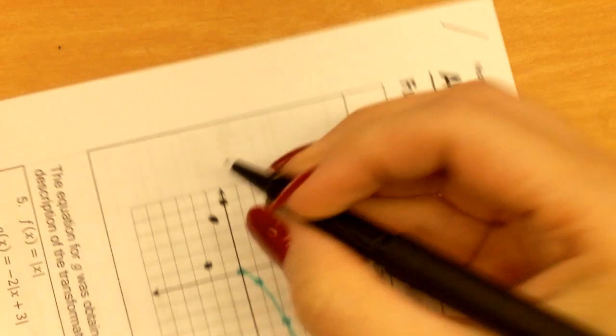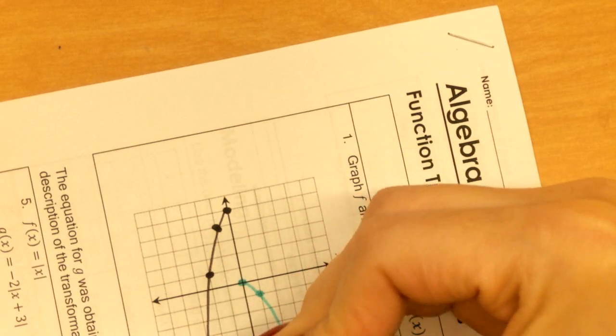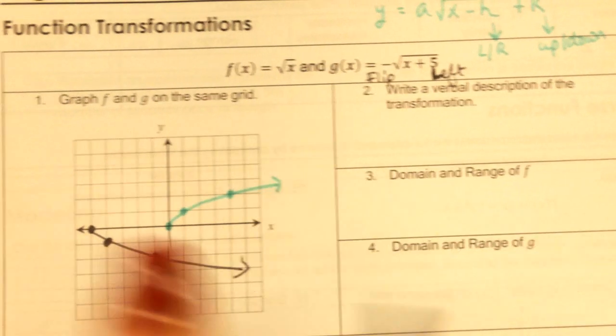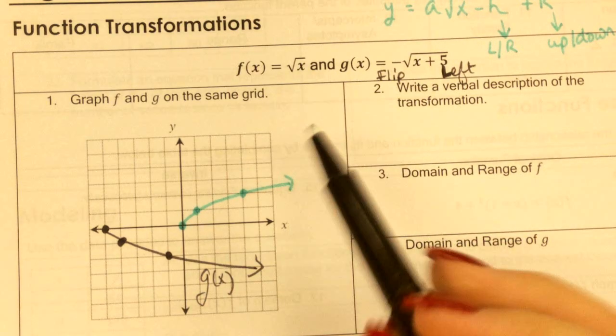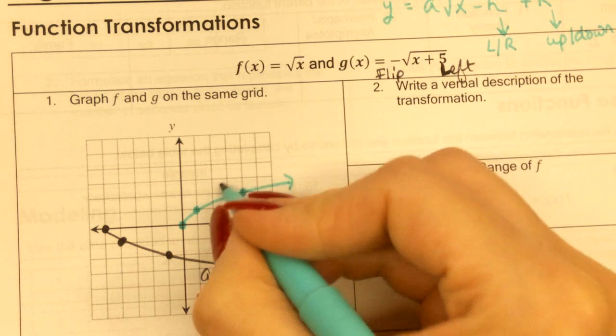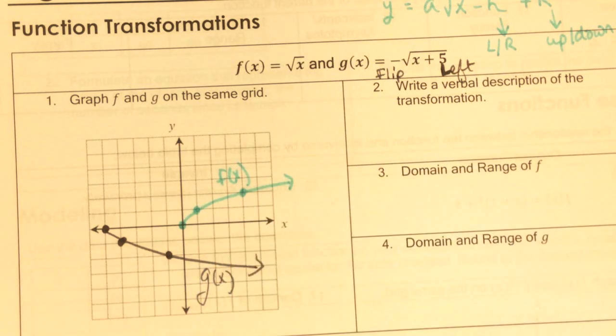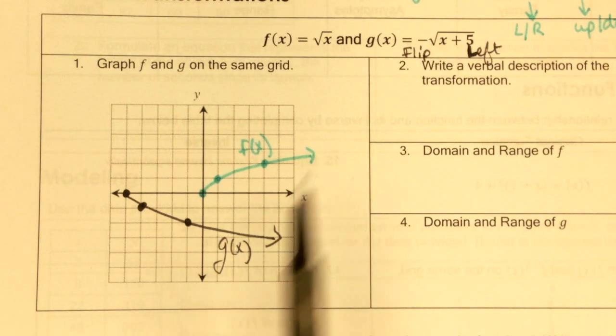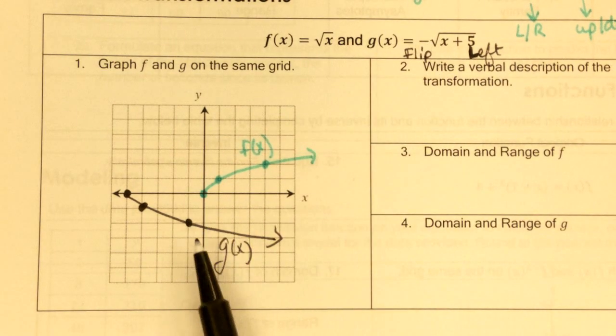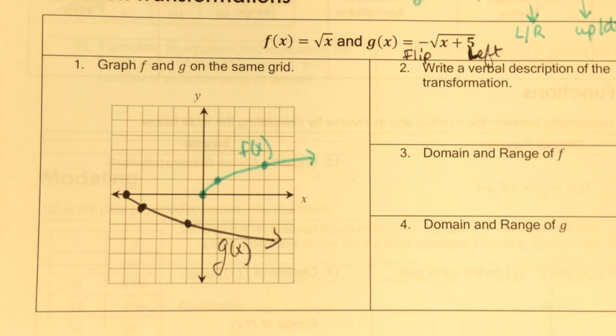So this is what the graph of g of x would look like. Remember this one up here, that was f of x. Let me go back and label that. This is f of x, and that's g of x. All I did was flip it over the x-axis, the negative sign flips it over the x-axis, and then I shifted it left 5.